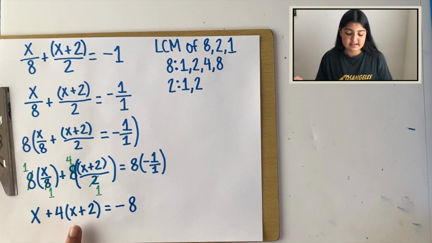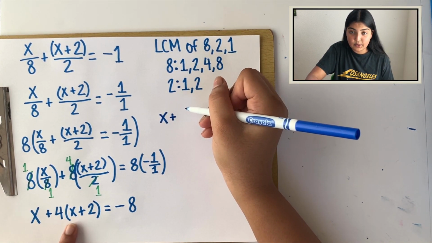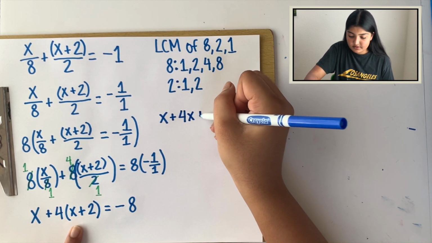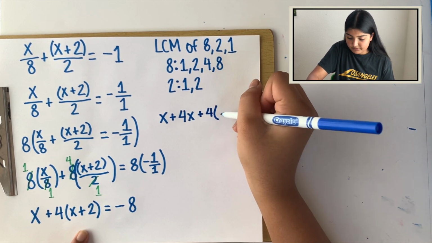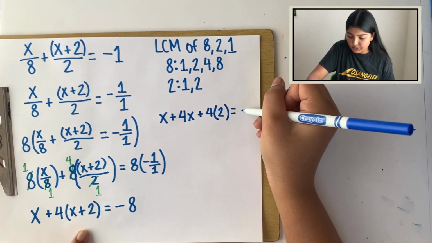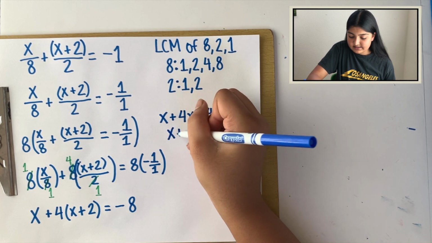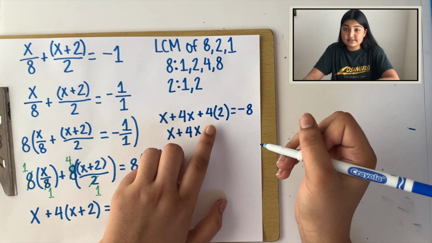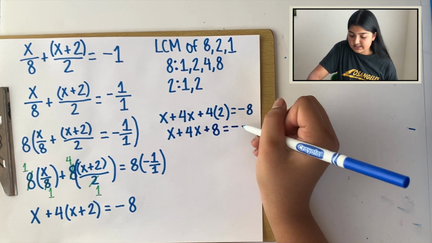Now, let's open these parentheses. x plus 4 times x, which is 4x, plus 4 times 2, is equal to negative 8. x plus 4x plus 4 times 2, which is 8, is equal to negative 8.